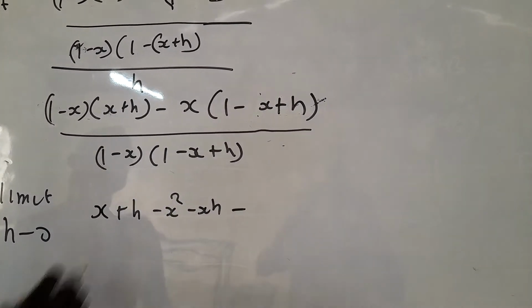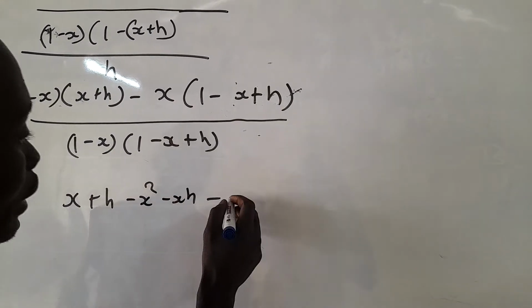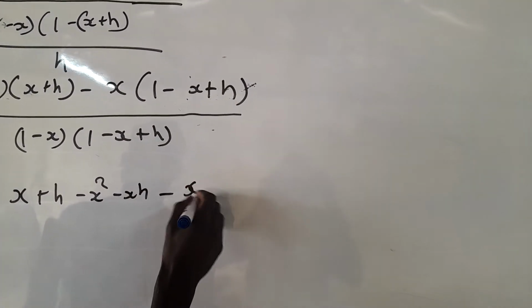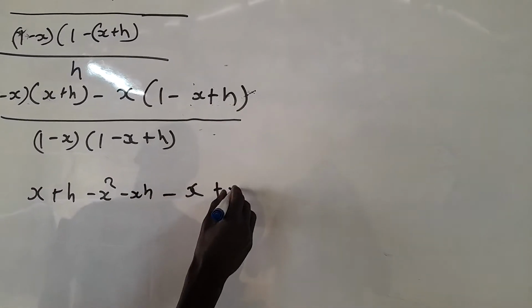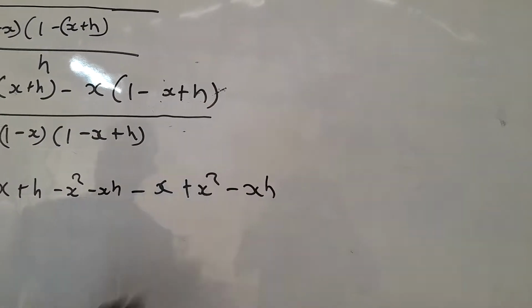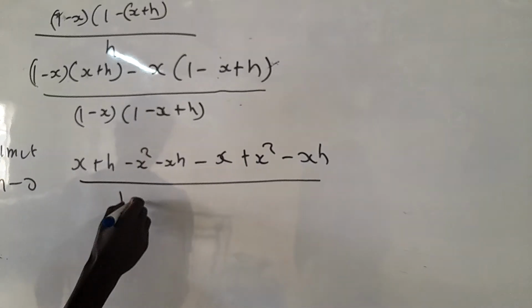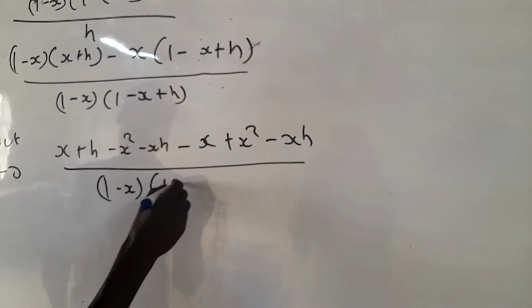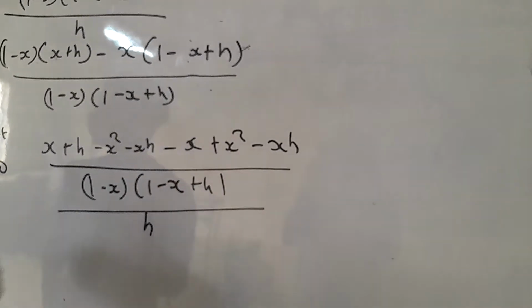Minus negative x times this one, that one will be minus x. Negative x times that one will be plus x squared. Negative x times that one will be negative xh. And everything all over 1 minus x, 1 minus x plus h, all over h.